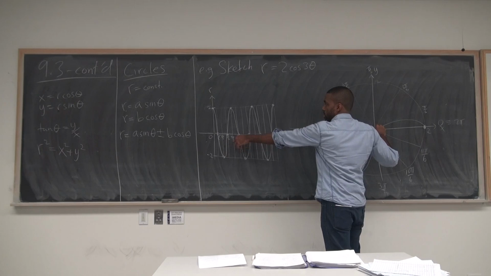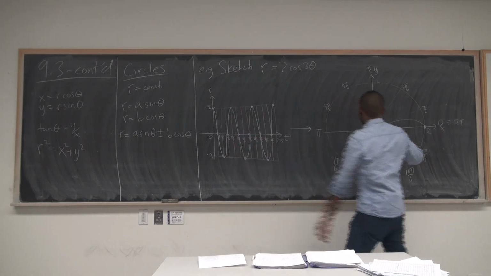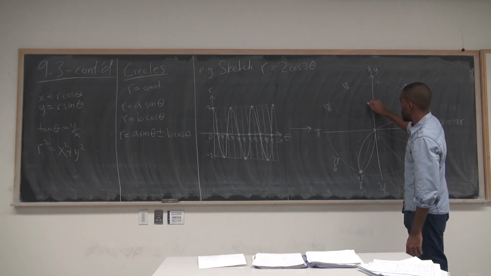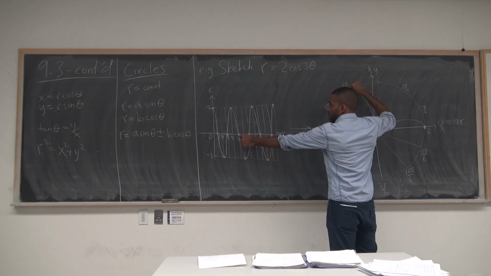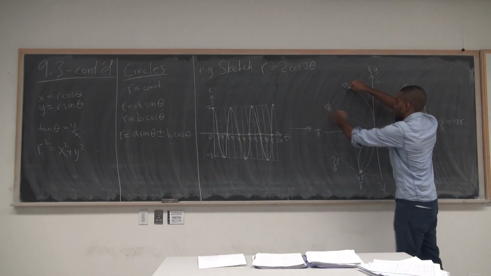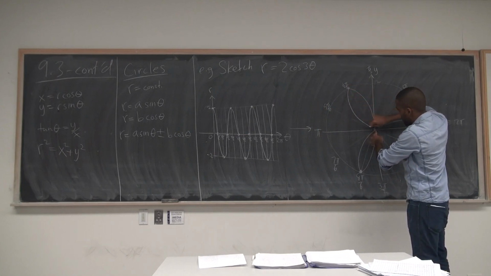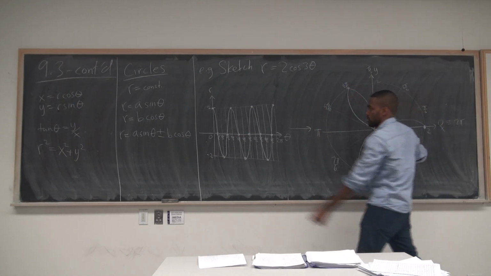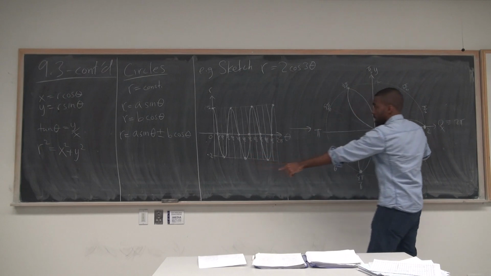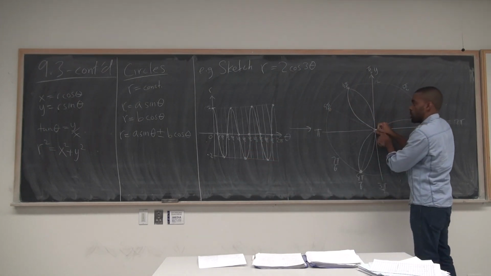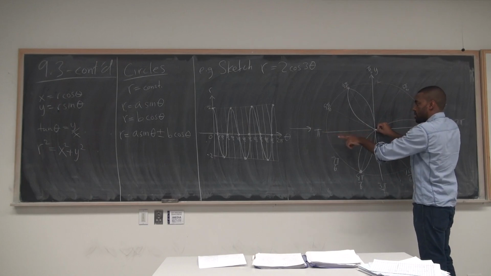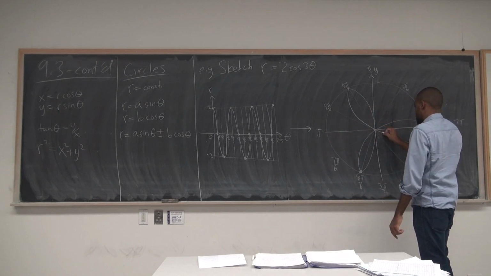Then 4 pi over 6, I should be on the circle of radius 2. So I'm going to jump up here, circle of radius 2. 5 pi over 6, I'm back at 0. So on the angle of 5 pi over 6, I should come back to 0. 6 pi over 6, which is pi, I go to minus 2. So I don't go towards 6 pi over 6, I go in the opposite direction. I come over here.